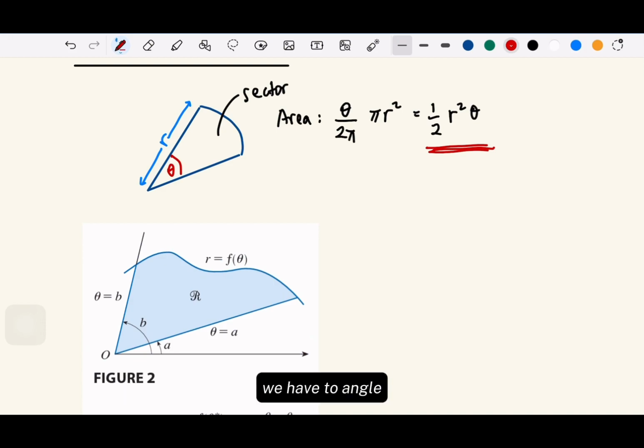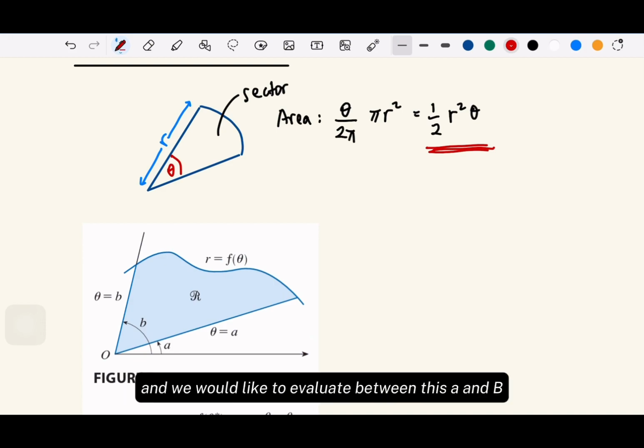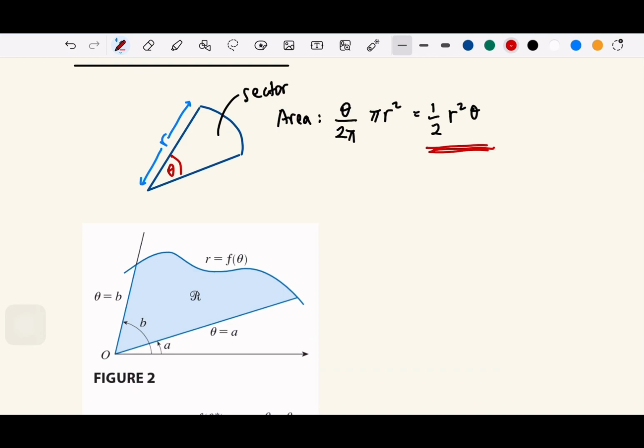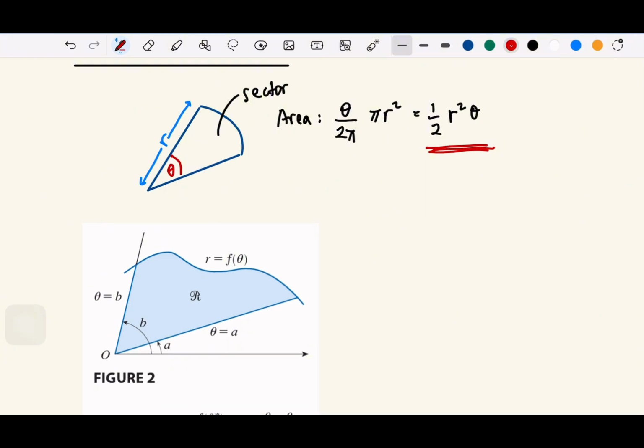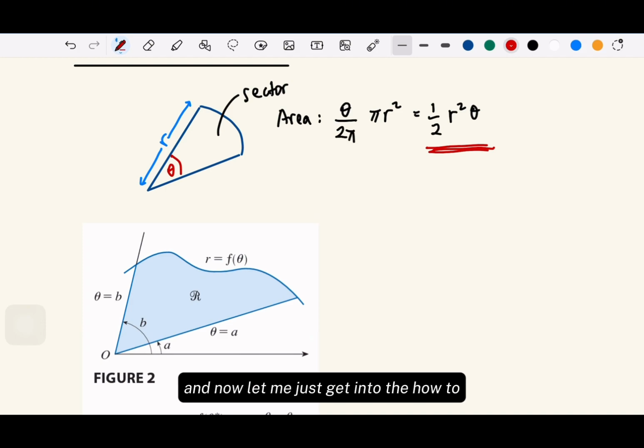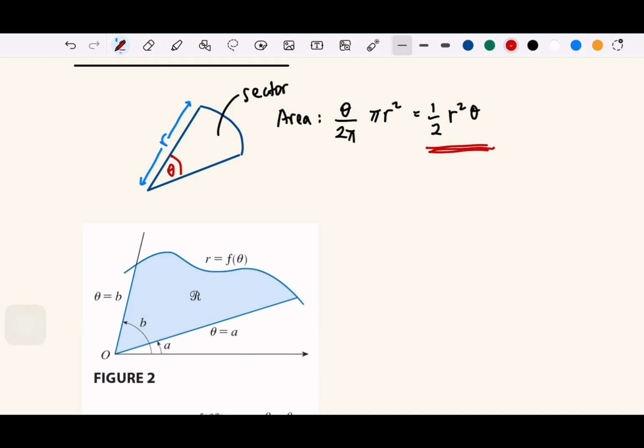We have two angles, and then we would like to evaluate between this a and b some area R. Now what we can do is approach this area using this formulation.